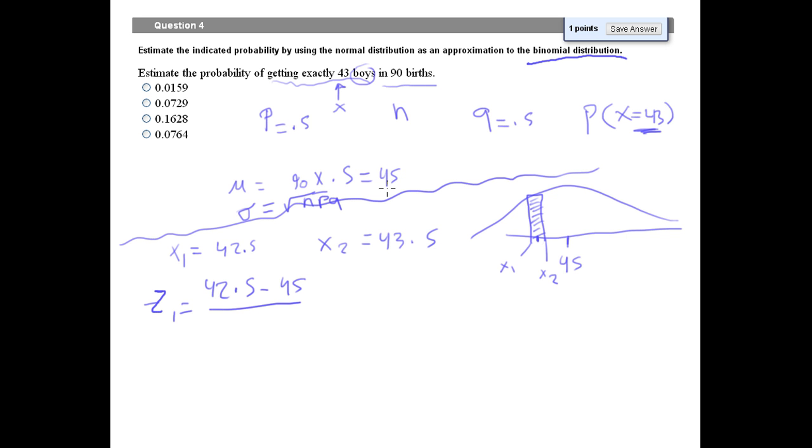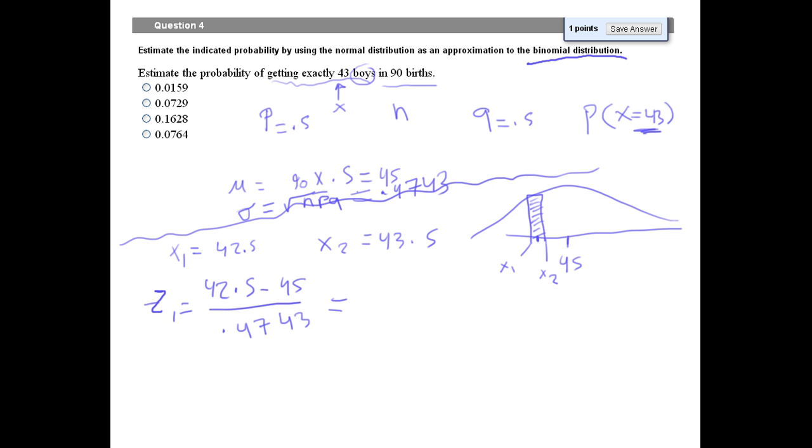Calculating that, the standard deviation is 0.4743?